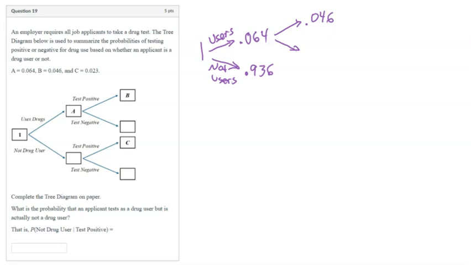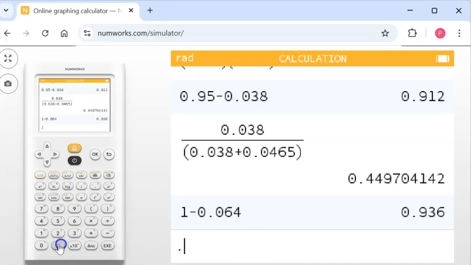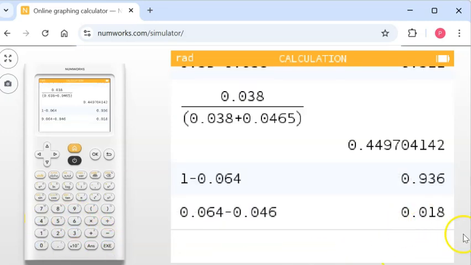Okay, so what we put here, well, let me write it down here. 0.064, we're taking this number and putting it down here, minus this number, 0.046. And whatever number this is, it's going to go right here, okay? All right, so 0.064 minus 0.046, and that gives us 0.018.